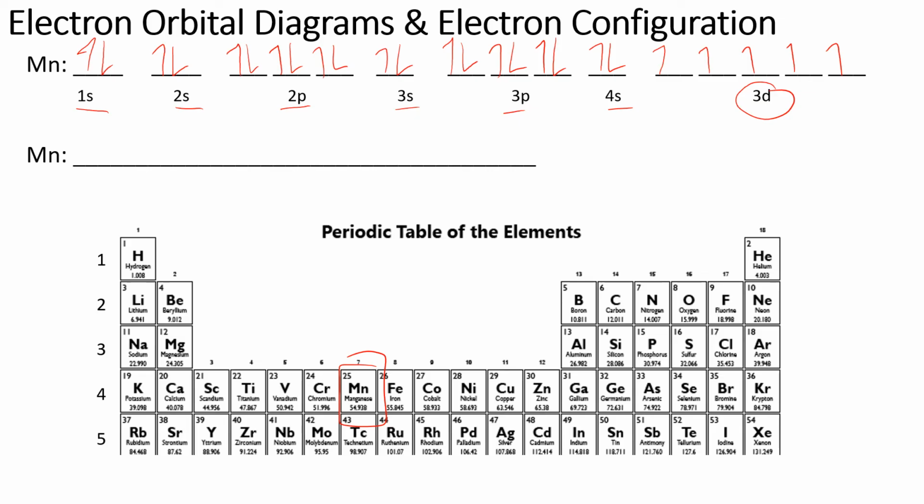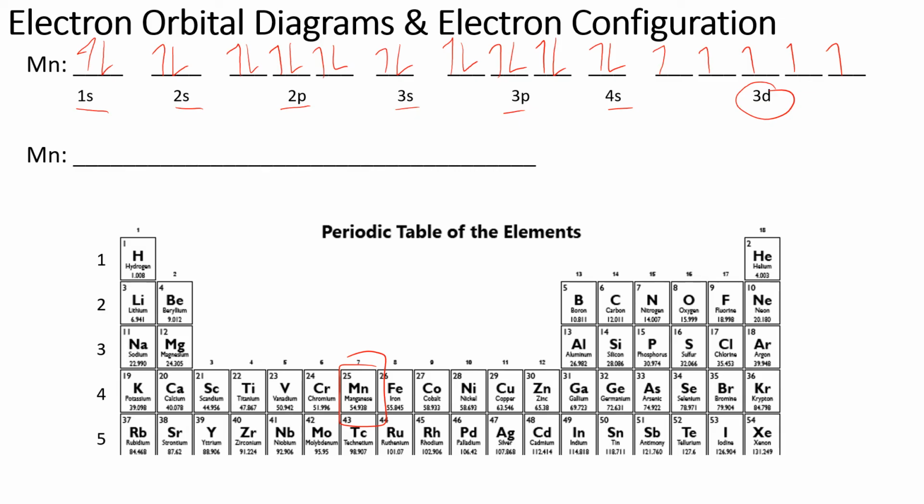Those d orbital electrons, because we're adding potentially 10 more electrons, that is way too many electrons for an atom to hold on the outside energy level, what we call the valence electrons. Those are the outside energy level. So instead of that, the atom's like, hey, these are too many. I'm going to put them in another energy level because it's going to be more stable for me.